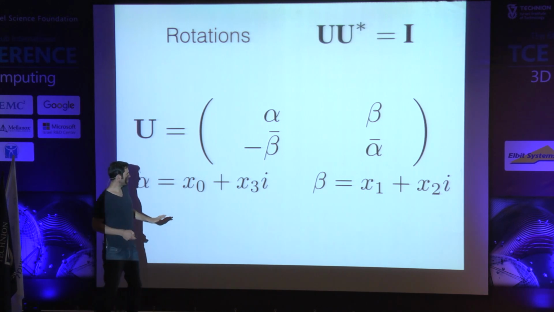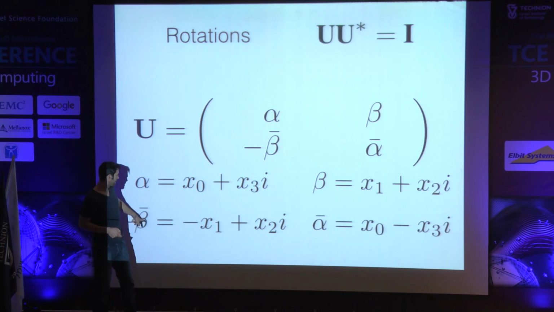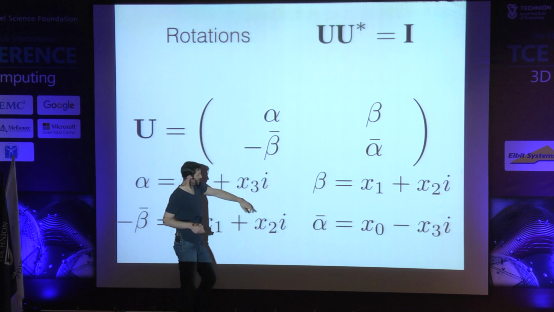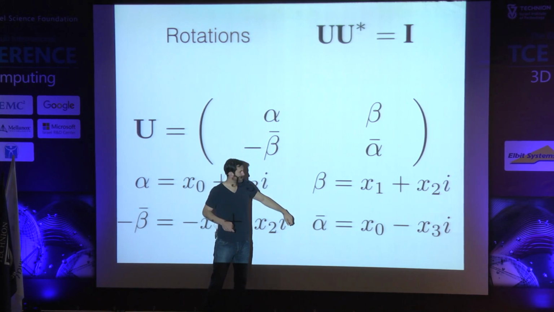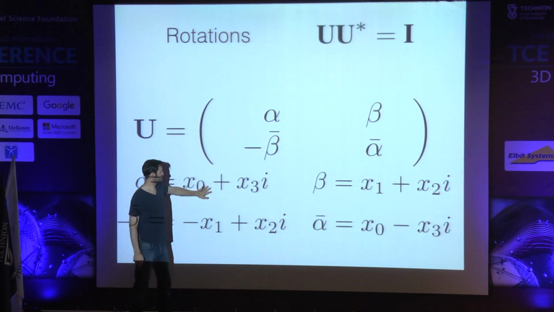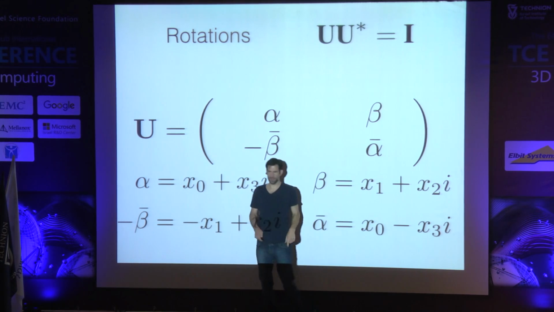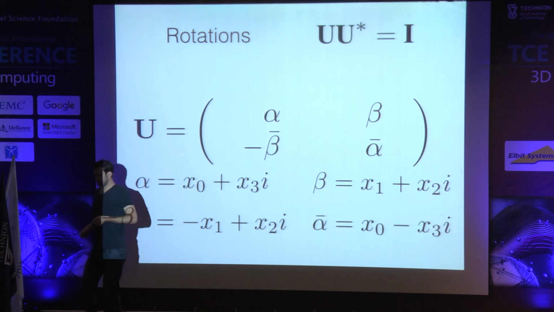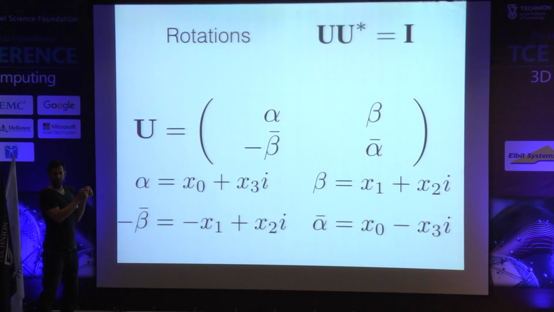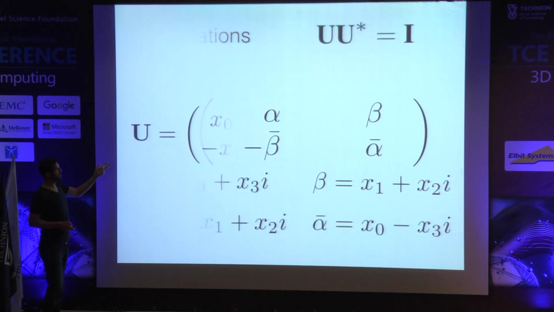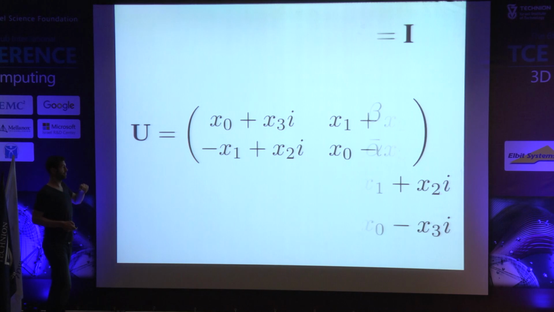So then I immediately know what minus beta conjugate and conjugate alpha are. Its conjugate is obviously just taking the plus sign and making it a minus sign. And now, this is so easy that it can't get any easier, right? Okay, now I'm putting this into the matrix, and I get this matrix.